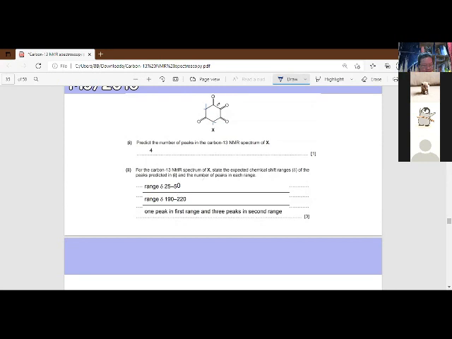Just now, the carbons bonded to oxygen are in the same environment but with different shift values. So in the range of 190 to 220 there are 3 peaks, whereas this one has 1 peak.